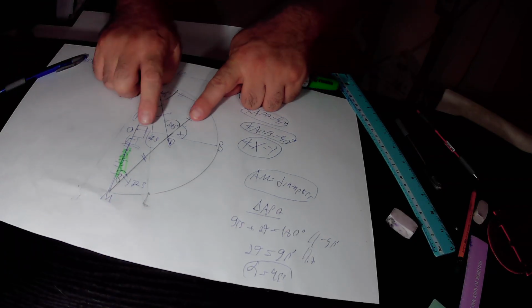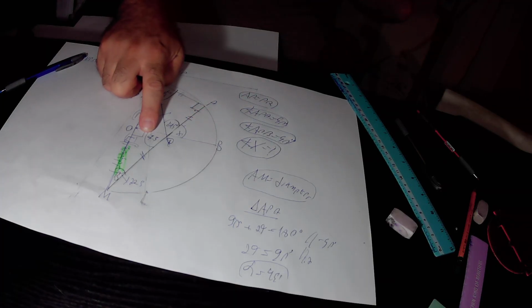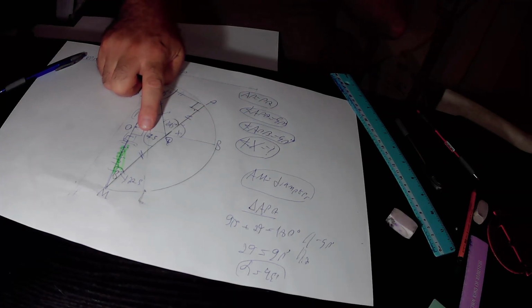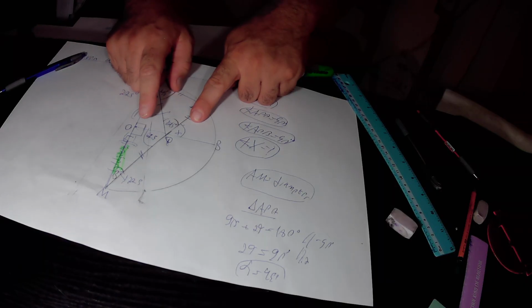So those two angles are defined as vertex angles, and we note that vertex angles are equal to each other. Therefore, the vertex angle X is equal to the vertex angle that is 67.5 degrees.